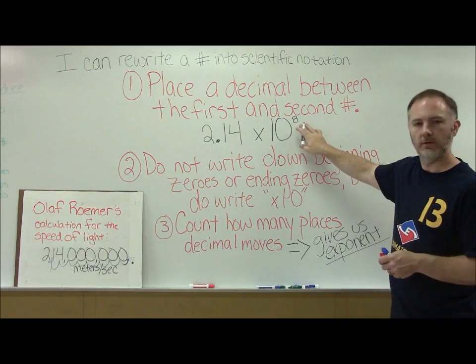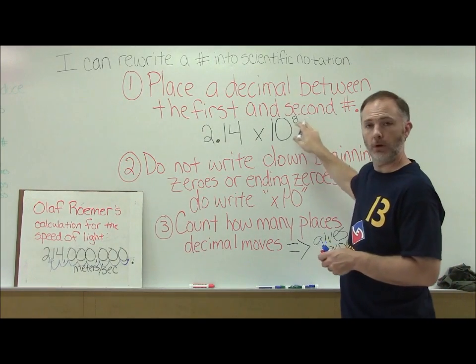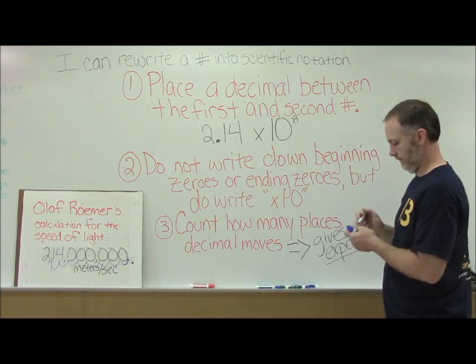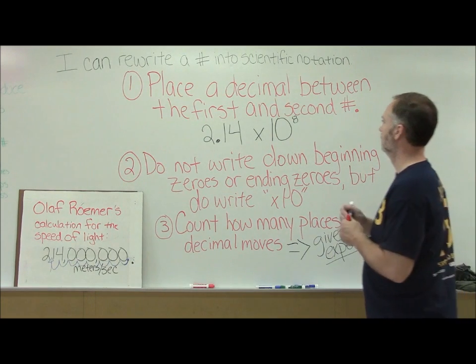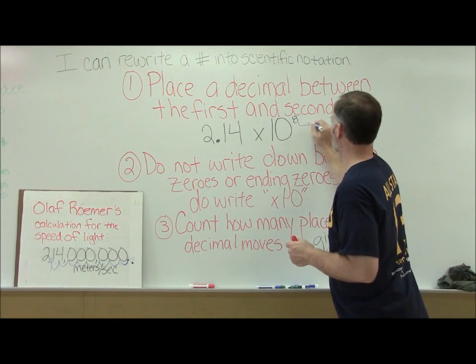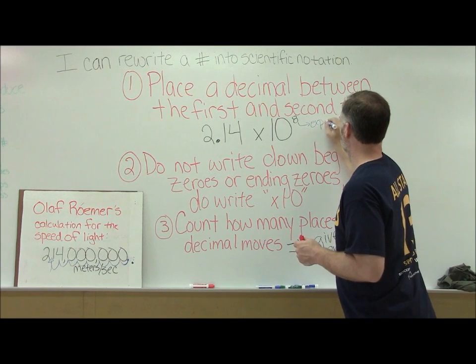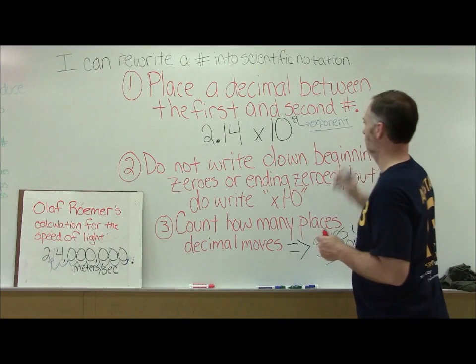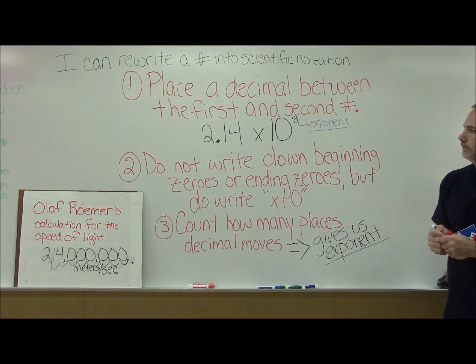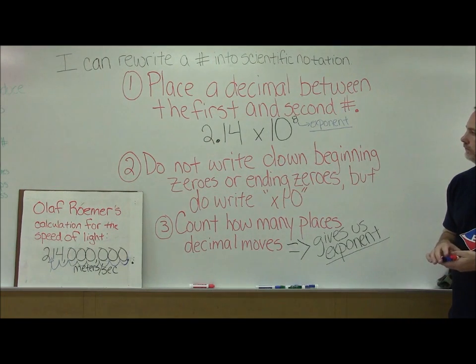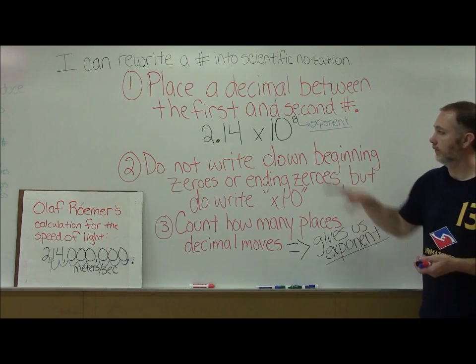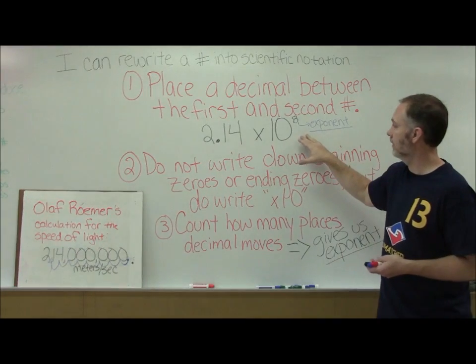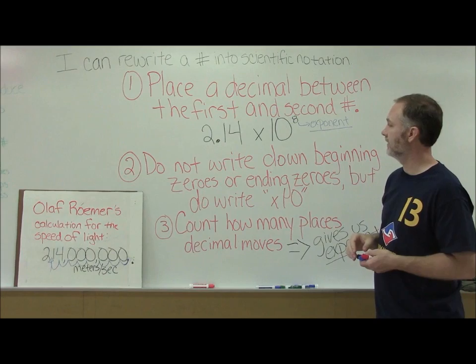And our exponent is just a small superscript right behind the times 10. So this right here, we're finished with this number, 2.14 times 10 to the 8th.